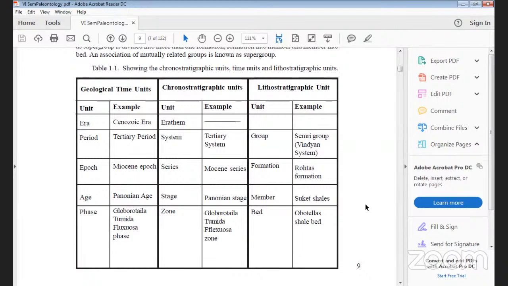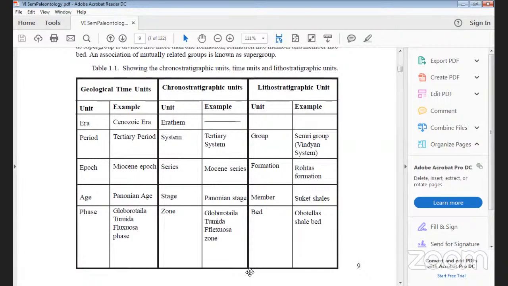In geological time units, the unit here is era, and the example is the Cenozoic era. It belongs to the Cenozoic era. If you go to the periods, the period is the Tertiary period, and the epoch is the Miocene epoch.